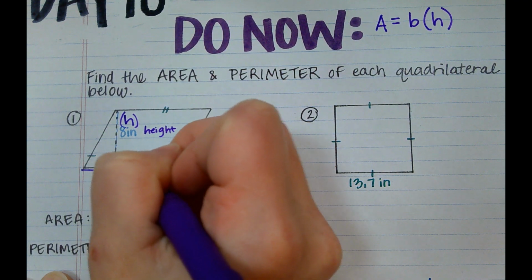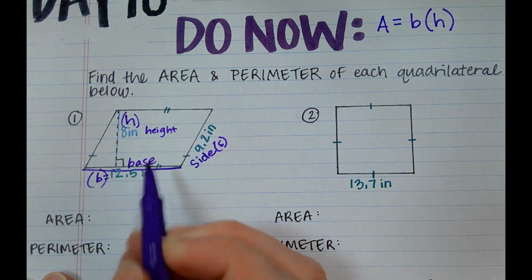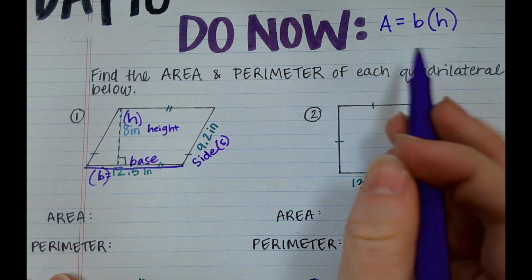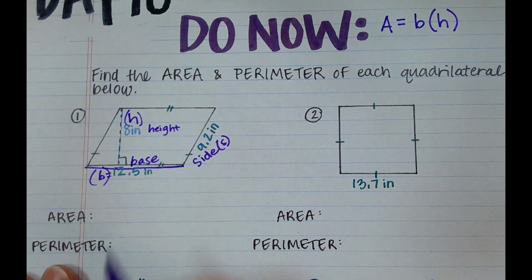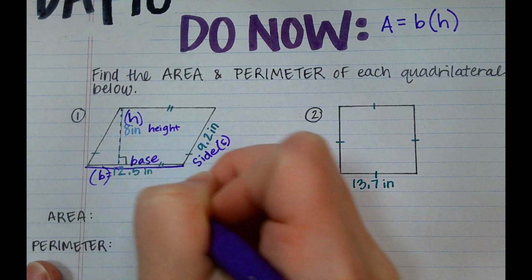So we've got to do the 12.5 times 8. Area, we'll just use that base times height. Base is 12.5. 8 is height, so we'll multiply those. So let's do that.